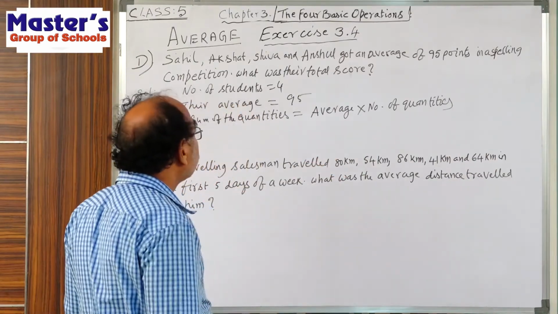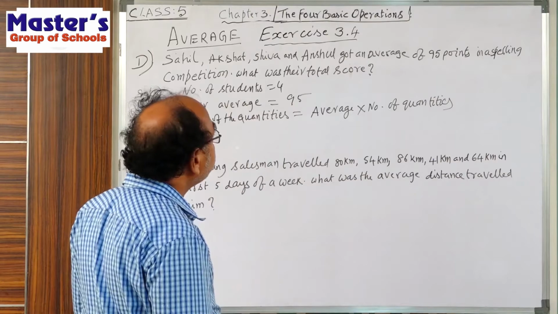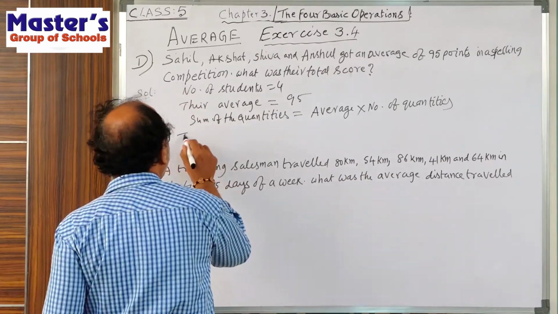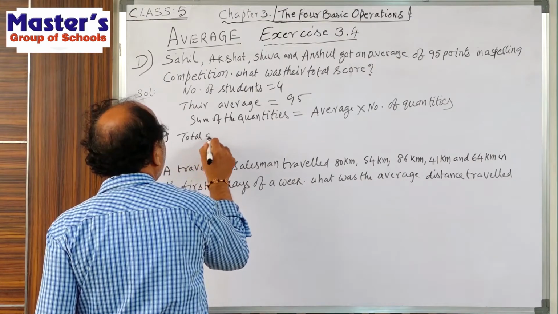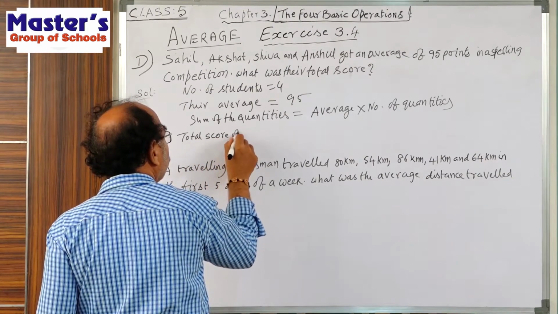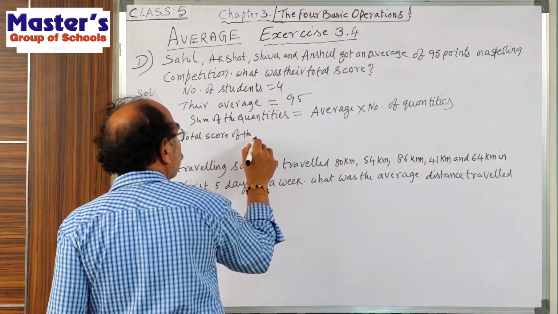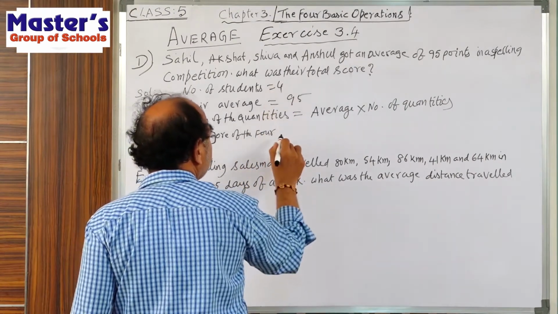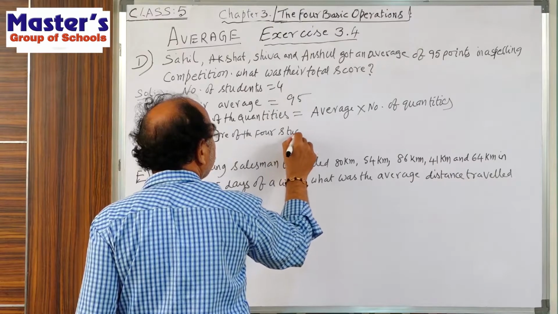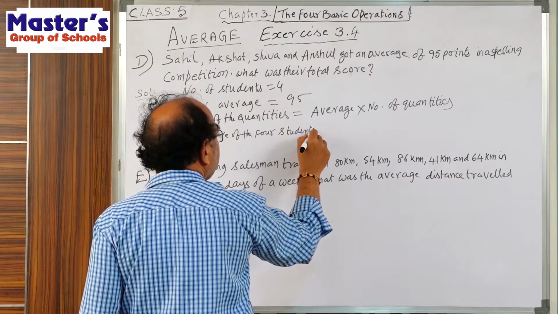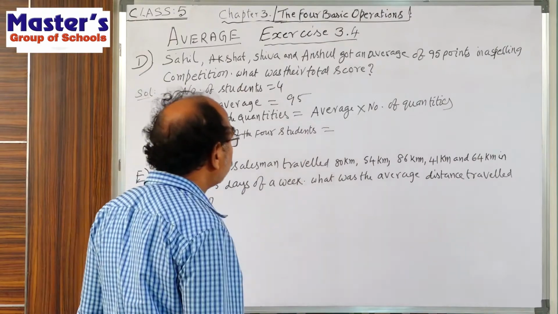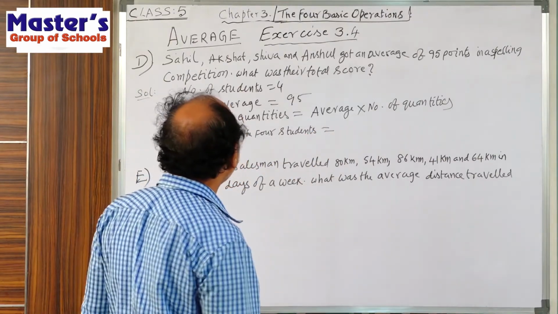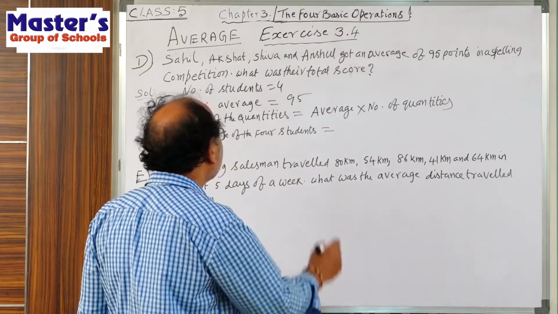So here, how can you find the total score of the 4 students? You write here, total score of the 4 persons or students, 4 students, is equal to average into number of quantities. What is the average here? 95.